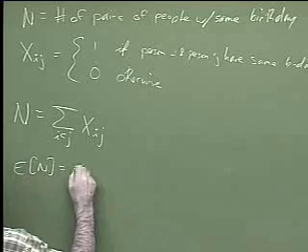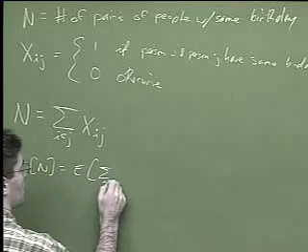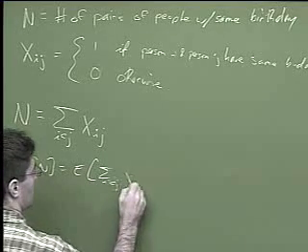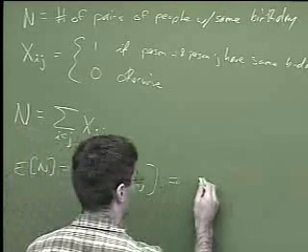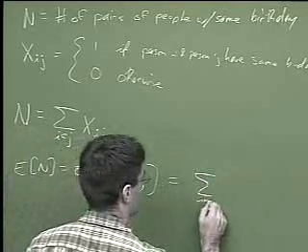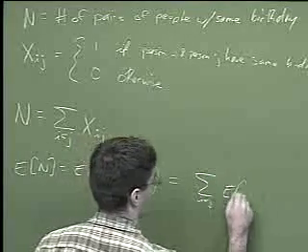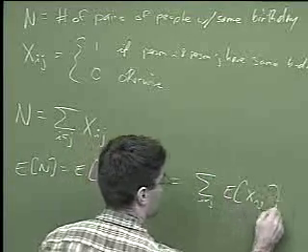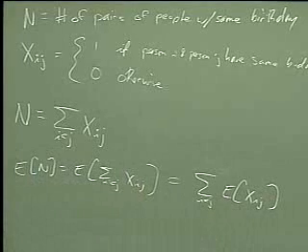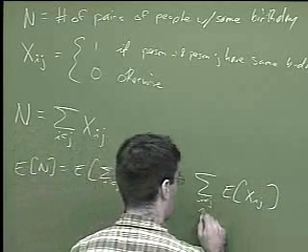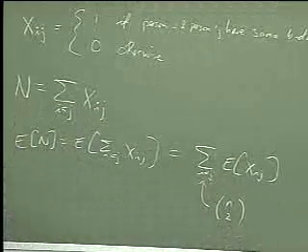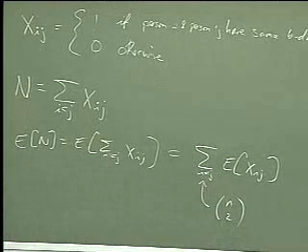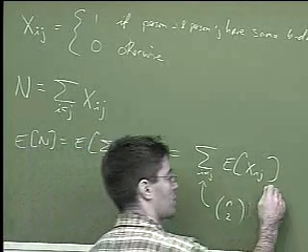So E of N is E of this sum, which by the linearity of expectation is that, right? We say n people, so there are n choose 2 terms in that summation, and each one of these is just 1 over 365.